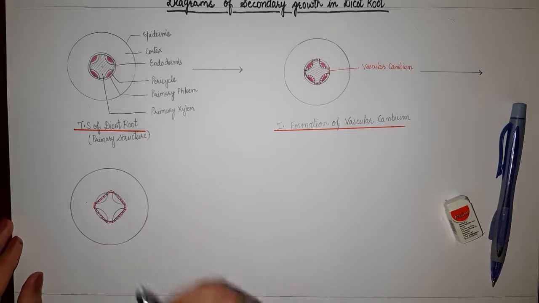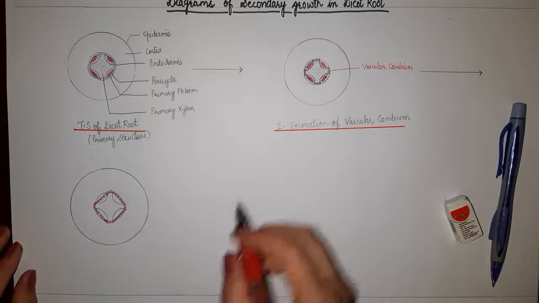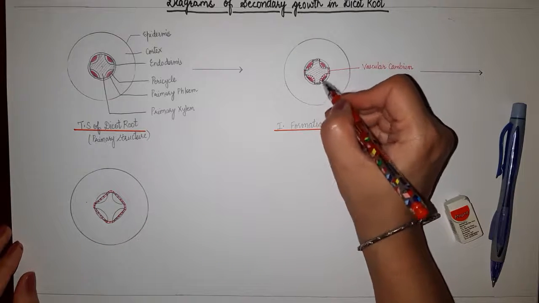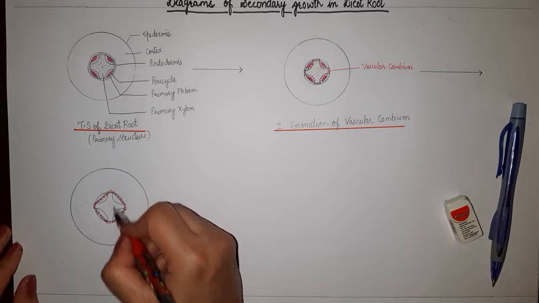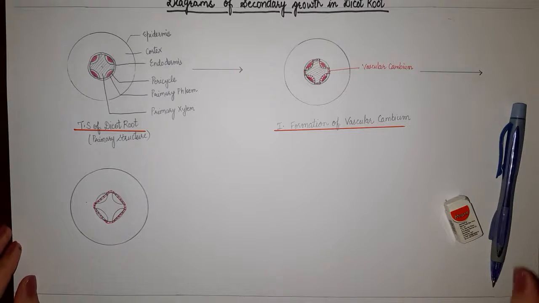So it should be a continuous ring, but earlier it was with the curves. Now, you can draw a diamond shaped structure.